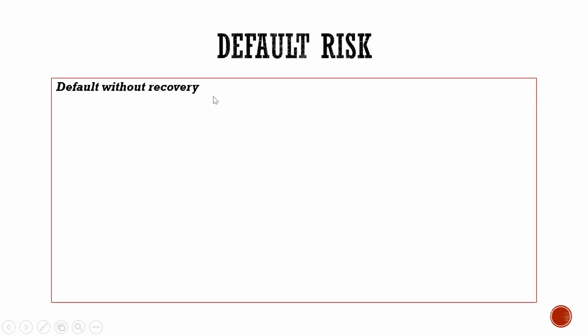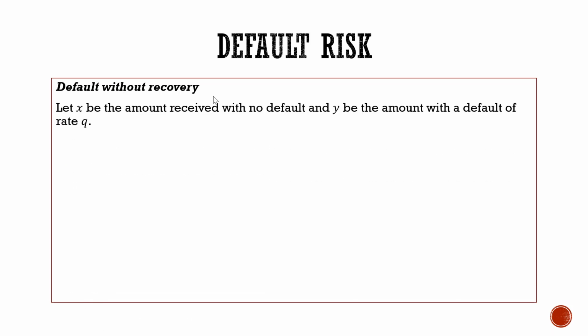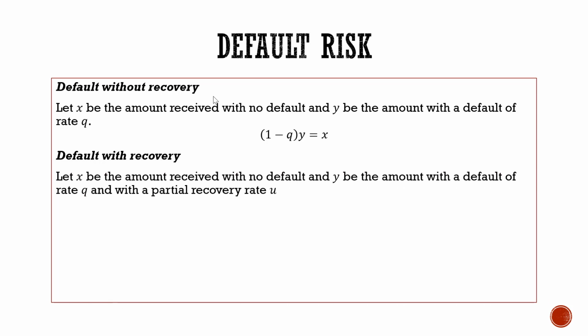For defaults without recovery, let's say X is the amount received with no default and Y is the amount with default of rate Q. There is a relation between X and Y: X is equal to (1 minus Q) times Y. And for default with recovery, let X be the amount received with no default and Y be the amount with a default of rate Q and with a partial recovery rate U. Then (1 minus Q) times Y plus Q times UY is equal to X.